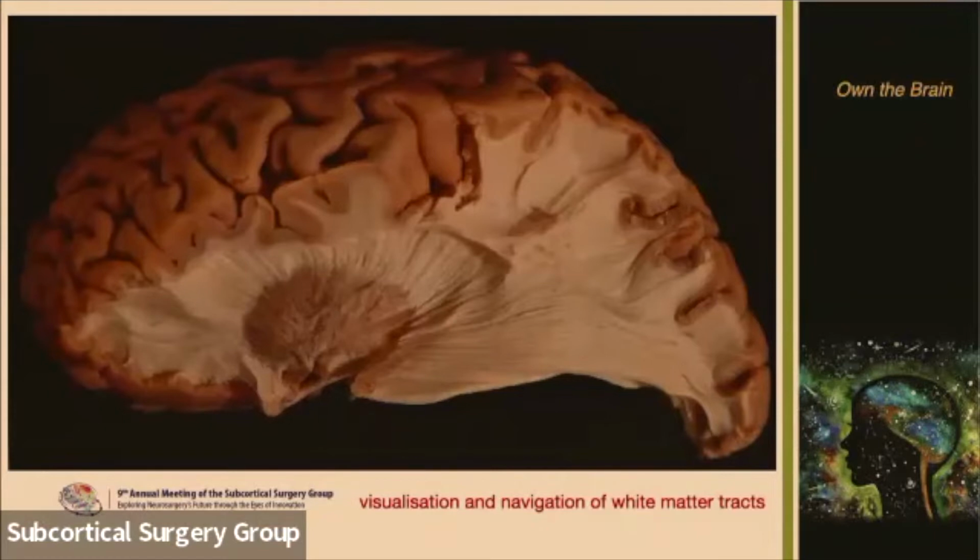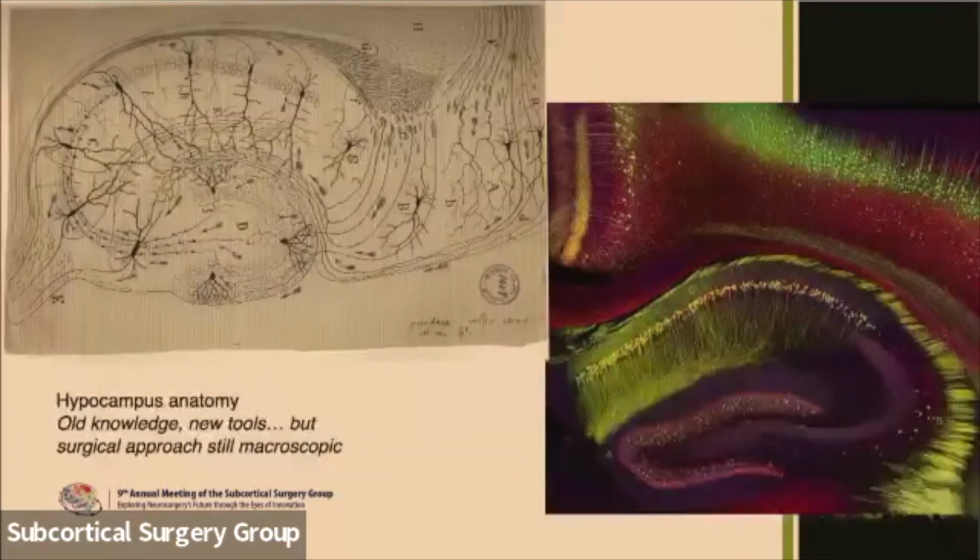But I think our duty is to own the brain in a way that we understand not only what we're doing in a tactile way surgically, but some of the things that have been presented here at this meeting, such as what are the histological, pathological effects of edema, what is happening in the microenvironment of the brain-tumor interface.